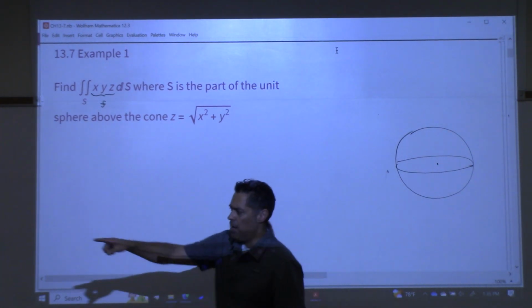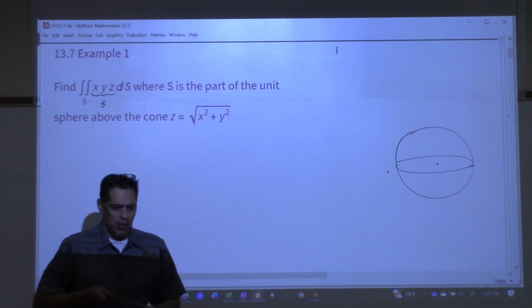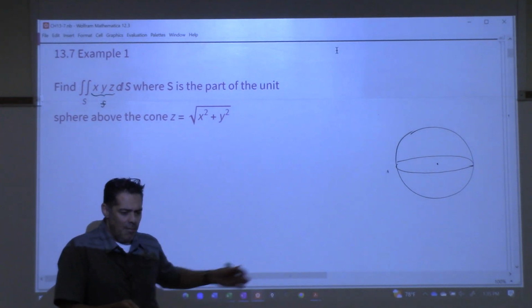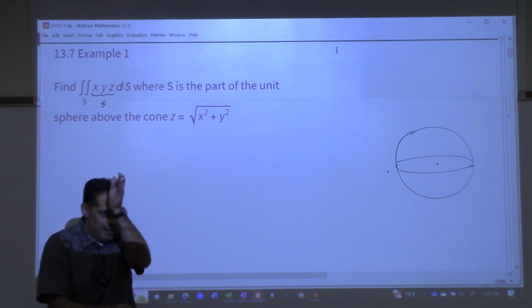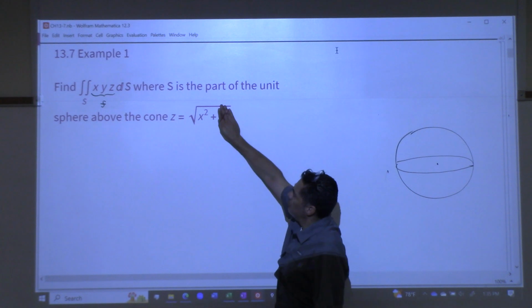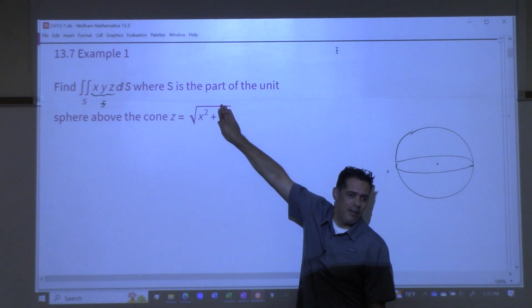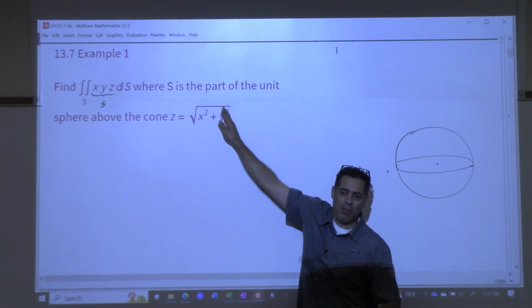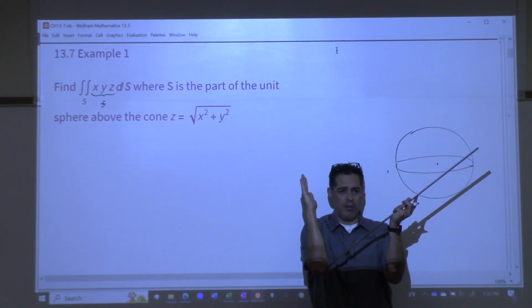If y is 0, you're only looking at a cross-section this way. What does this look like if y is 0? What's the square root of x squared? X, but it's plus or minus, so absolute value of x. It's absolute value of x, so it looks like a v in one direction.